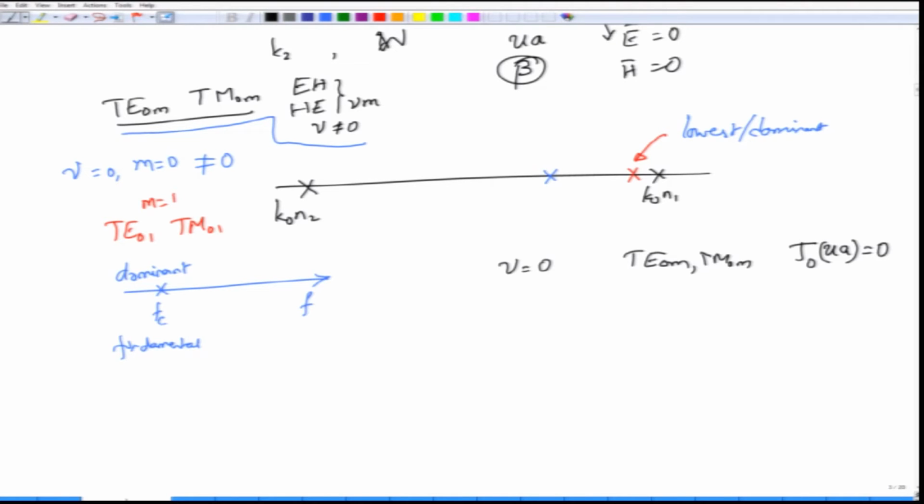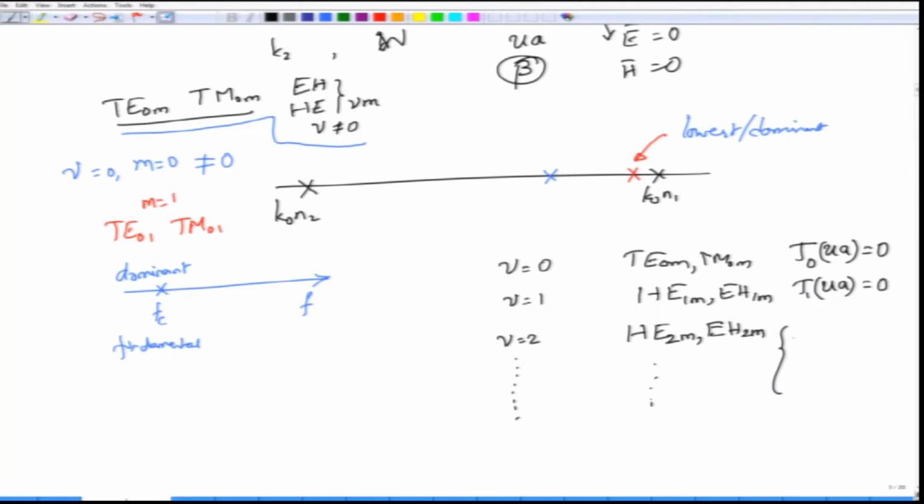And when nu is equal to 1, the cutoff for the HE1m and EH1m modes will be obtained when you solve this equation, which is J1 UA equal to 0. When nu is equal to 2, you get HE2m and EH2m, and of course with nu greater than 2 you will get similar equations over here.